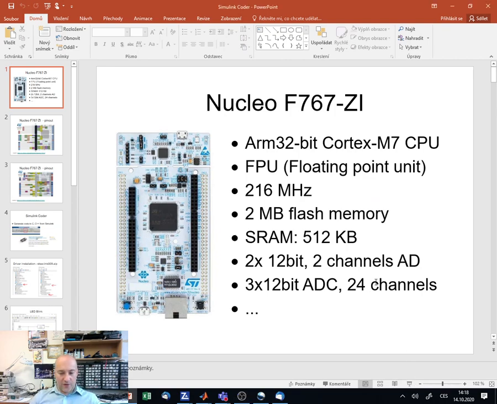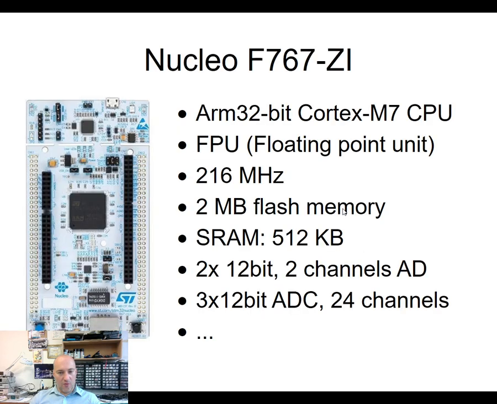So first of all, let me tell you more details about the Nucleo board, about the actual hardware, so that you have an idea how good the board is, or for what purposes you can actually use it. This board is using a microprocessor from a family that's called ARM, and it is a 32-bit microcontroller.